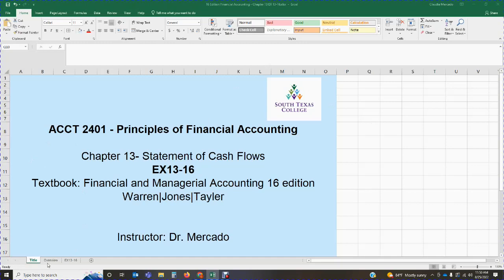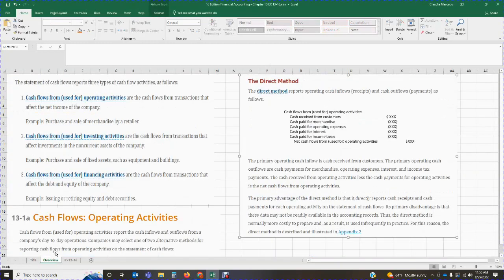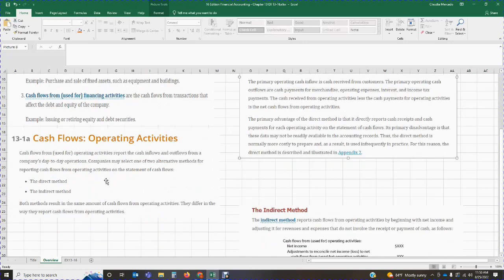Okay, remember that the statement of cash flows is comprised of three sections: operating activities, investing activities, and financing activities. And in this problem, we are only going to be focused on the operating activities section of the statement of cash flows. Okay, so cash flows from operating activities basically report the cash inflows, money coming in, and cash outflows, money leaving the organization from the company's day-to-day operations.